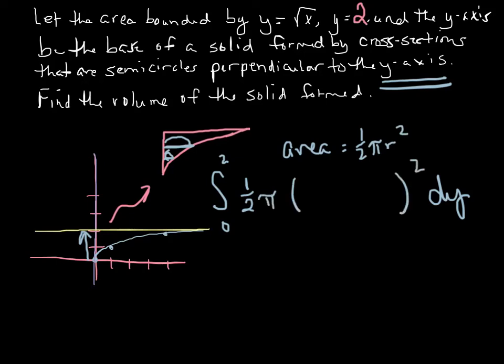Now normally we put our 1/2 pi out in the front. To get the radius of my semicircle, if you look at my picture here, here was one of the semicircles. Since it's a dy, right minus left is not going to give me the radius, it's actually going to give me the diameter. So if I take the right, since it's a dy, and I had y equals the square root of x, then x equals y squared.